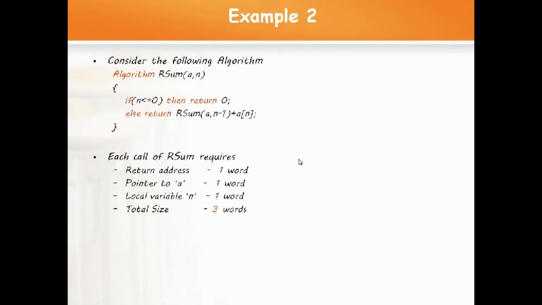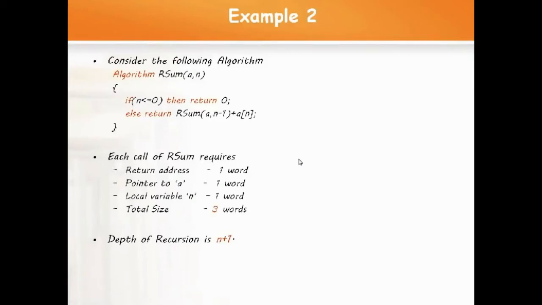It requires the return address, that is 1 word, and a pointer to point to the array, 1 word, and has a local variable n which requires 1 word. So, every call of the recursive sum requires 3 words. How many recursive calls do we make? For the calculation of n elements, we require n plus 1 recursive calls.